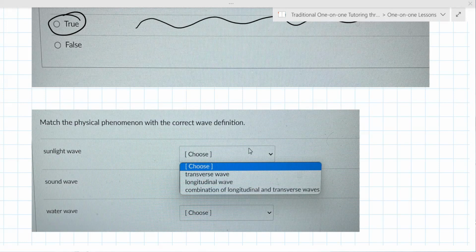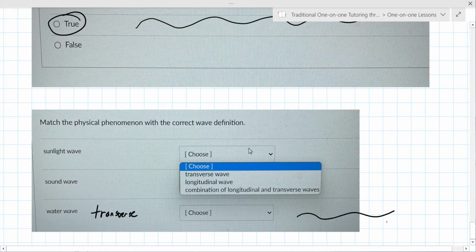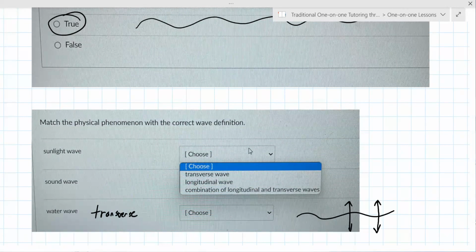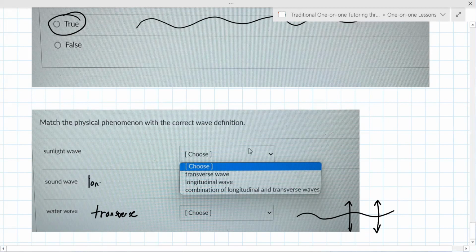Okay, so the water is the transverse. The reason it's a transverse wave is that, like we talked about, it moves, but the water itself is just moving up or down. It's not moving left or right. Sound is what's called a longitudinal wave. Why is that again?